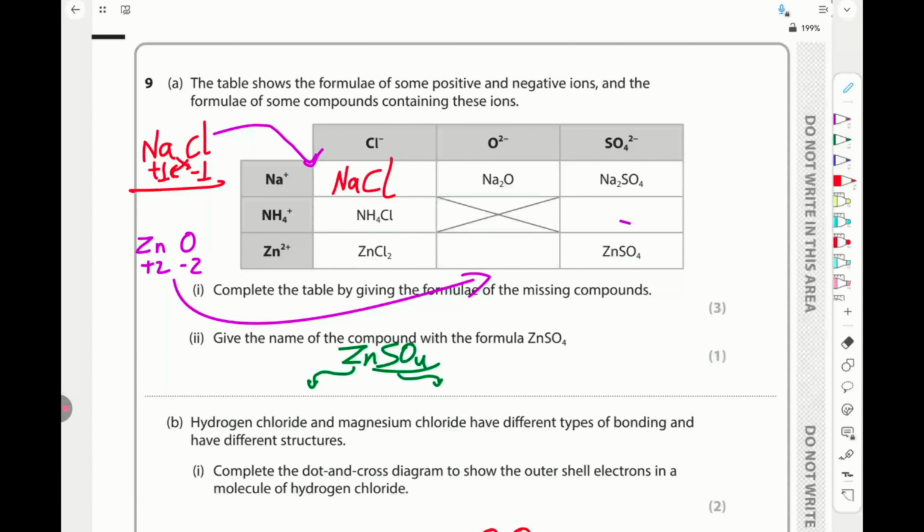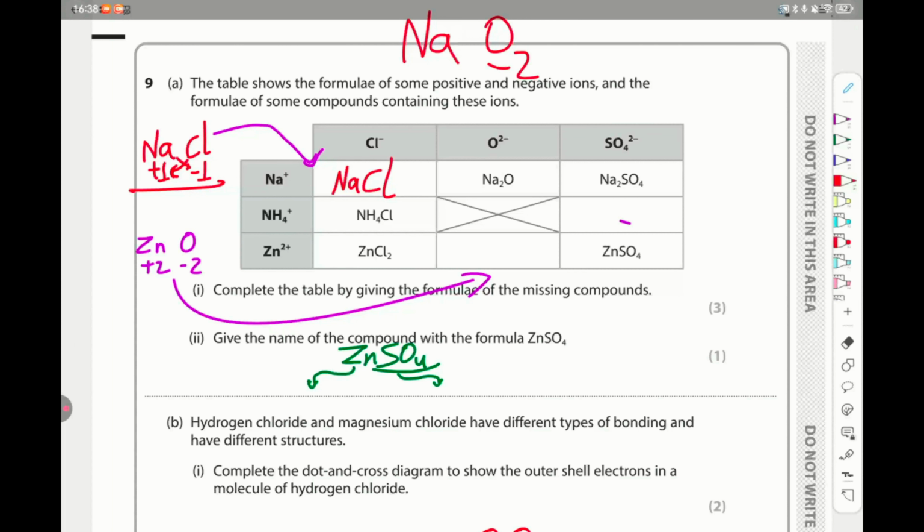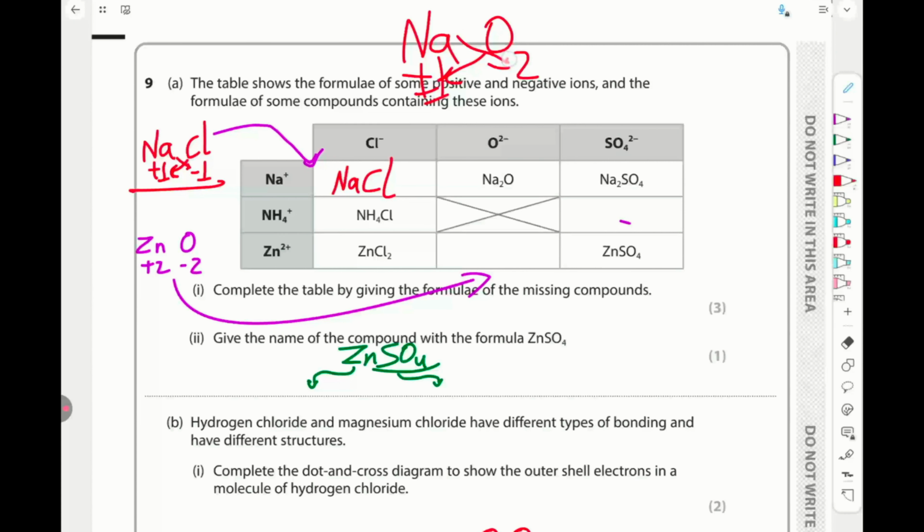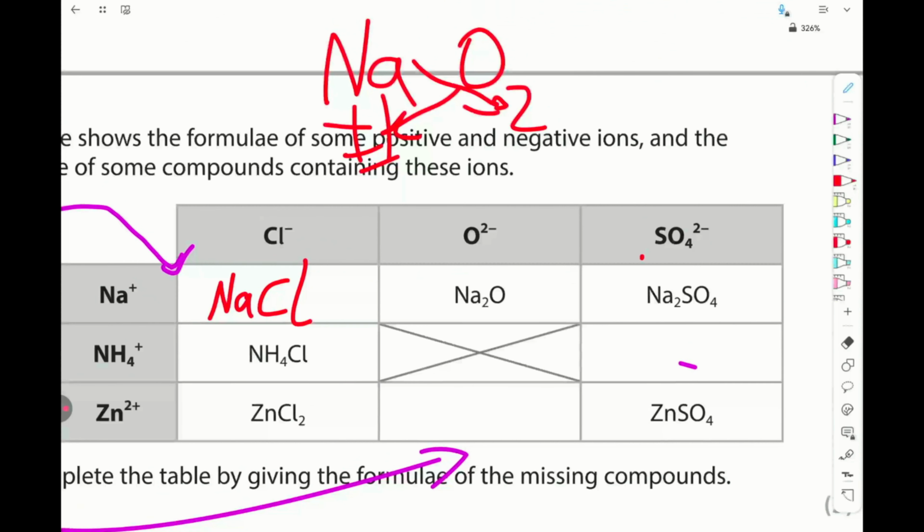Now, let's explain this one here. So we have oxygen, and oxygen is -2, and this is Na, which is +1. We exchange them. We need 2 sodium and 1 oxygen, so the numbers are here given. As we see, the oxygen takes 1.